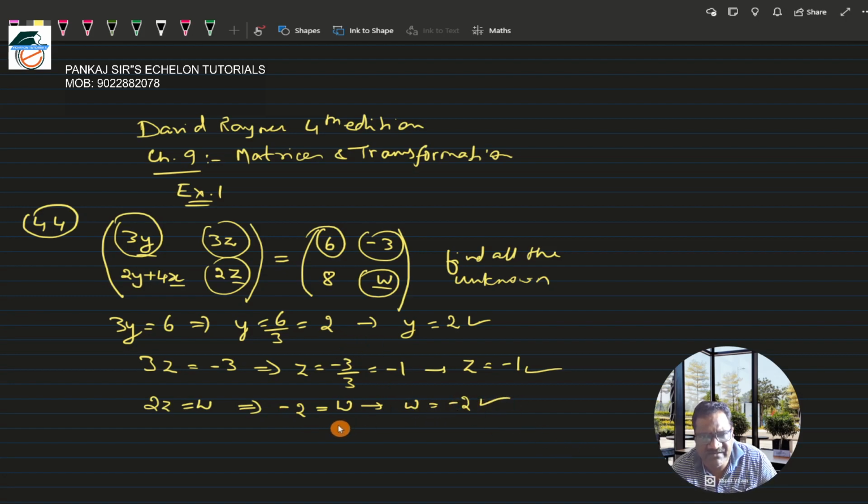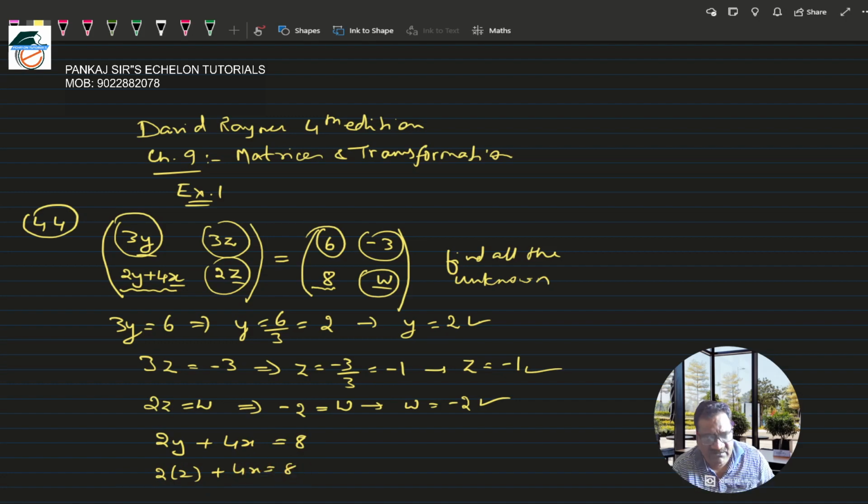Now I am left with only x to be found out. So I'll equate this element of this matrix with the corresponding element of the other equal matrix. So it will be 2y plus 4x is equal to 8. Now since I have found y, it is 2, so it will be 2 times 2 plus 4x equal to 8.